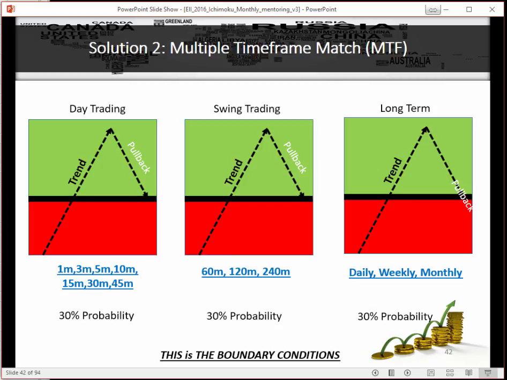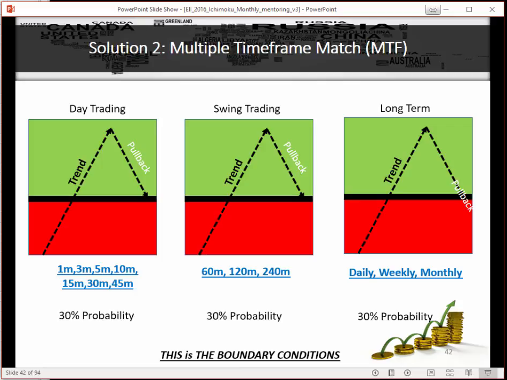What does that mean? That means our support or our resistance has to be the same for the day traders, swing traders, and long term. So if you find a key support or resistance that matches across all three zones, where the day traders, swing traders, and long-term traders are thinking the same way, now you've got a high probability of it being a major institutional support or resistance, and a high probability of it holding, because the chance of you getting clipped or missing out on the opportunity is going to be very slim.